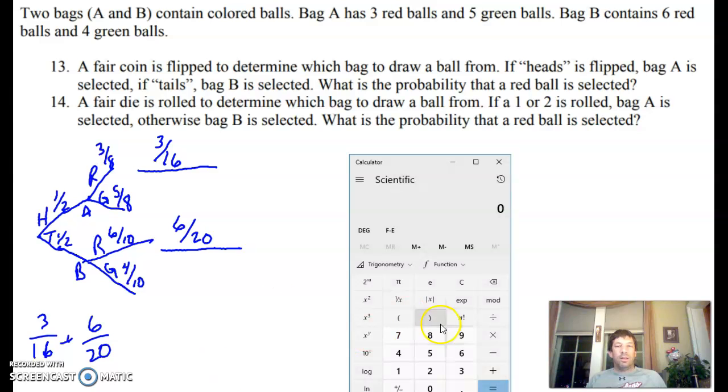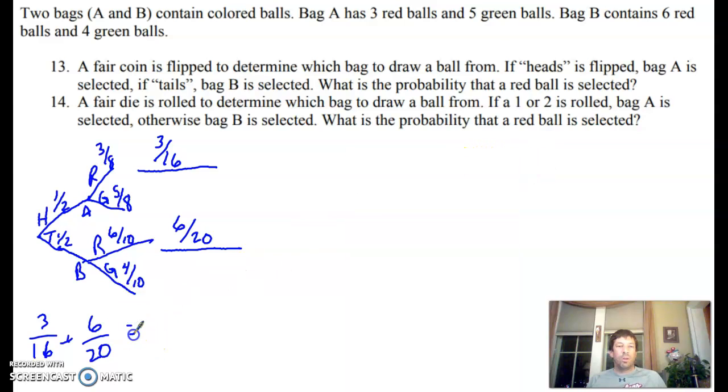And we get 3 divided by 16 plus 6 divided by 20, 0.4875. So there's a 0.4875 chance of selecting a red ball.